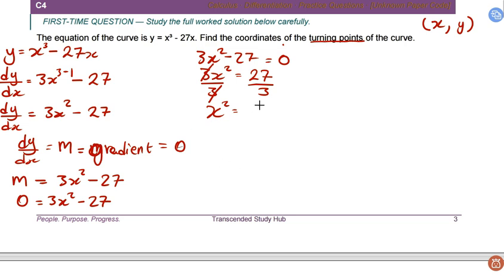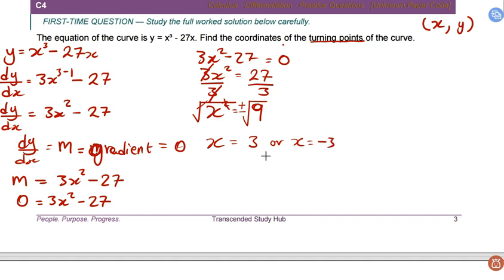It will give you 9. Now when you have 9, you introduce the square root because we want to get rid of the squared, and you have to introduce positive or negative as well. So x equals positive 3, or x equals negative 3.